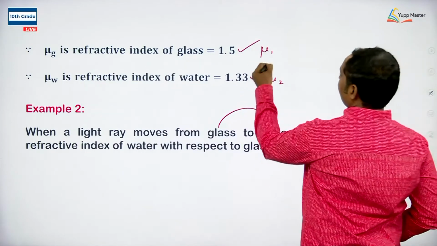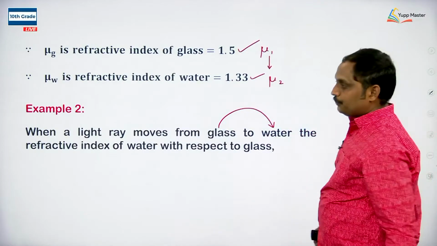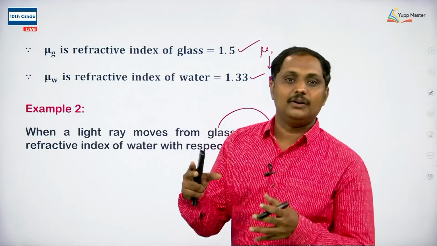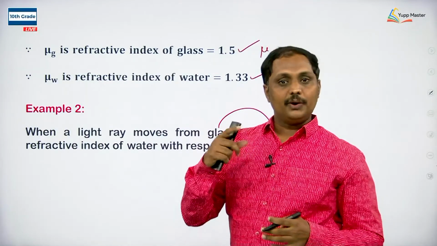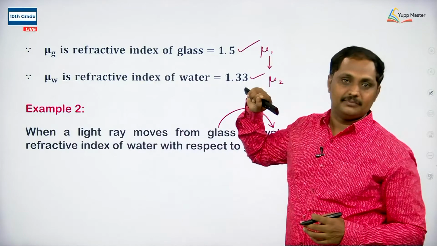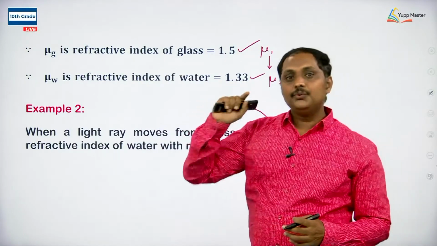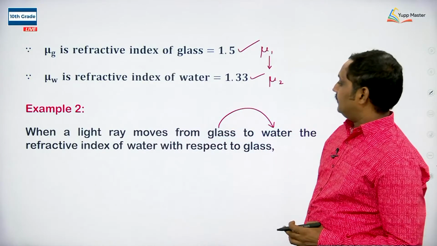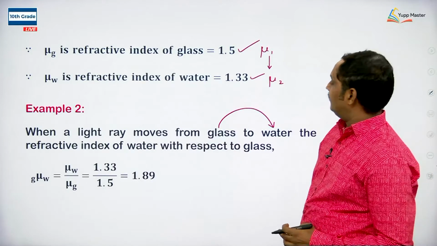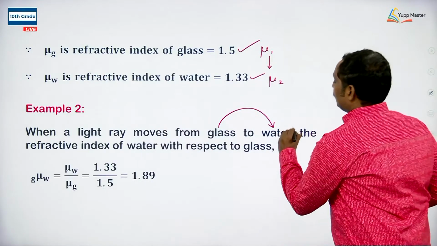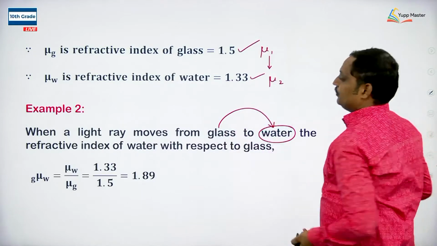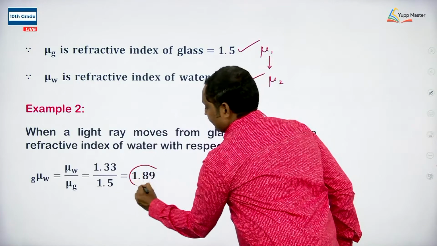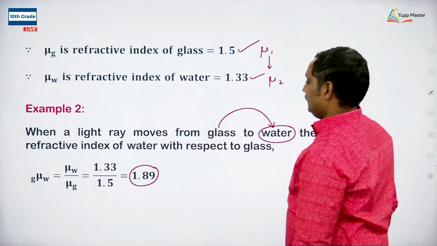Light enters from the first medium to the second medium. Simply, the light rays are allowed to enter from denser to rarer medium. In that case, you need to calculate the relative refractive index. That is, you can easily identify that the refractive index of the water with respect to the glass is known as relative refractive index. That is 1.89.